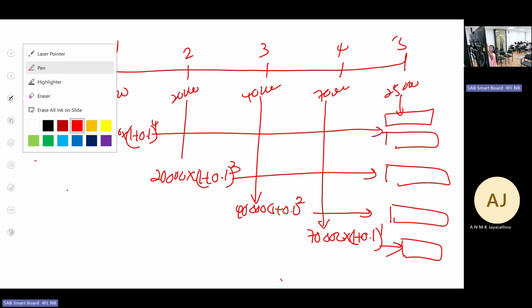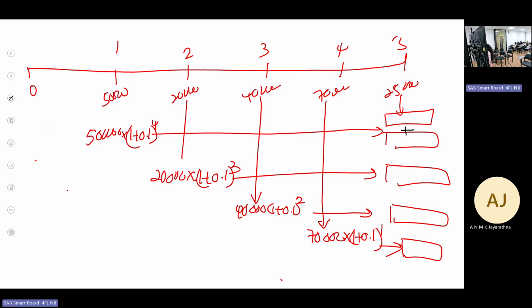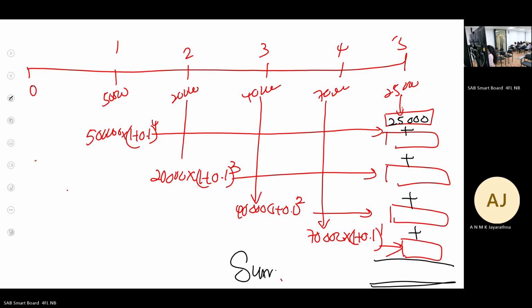Take the total of it. 25,000 now need to convert, and then this is the sum. 250,225.